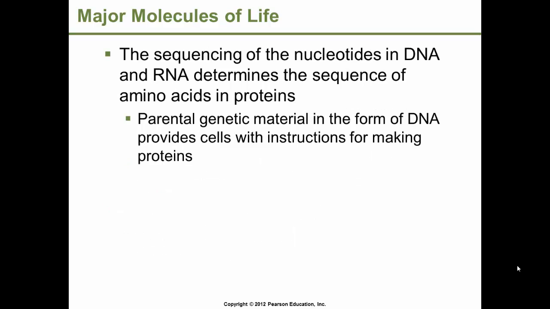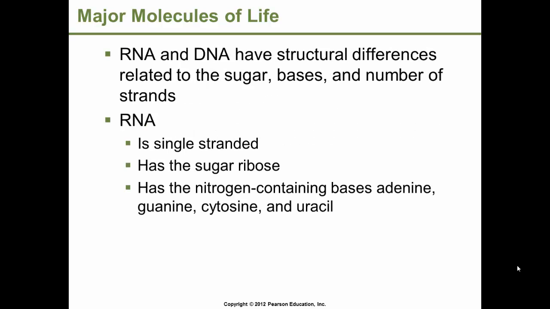The sequencing of the nucleotides in DNA and RNA determines the sequence of amino acids in proteins. The parental genetic material in the form of DNA provides our body with instructions for making specific proteins. RNA and DNA have structural differences related to the sugar, the bases, and the number of strands. RNA is single-stranded.